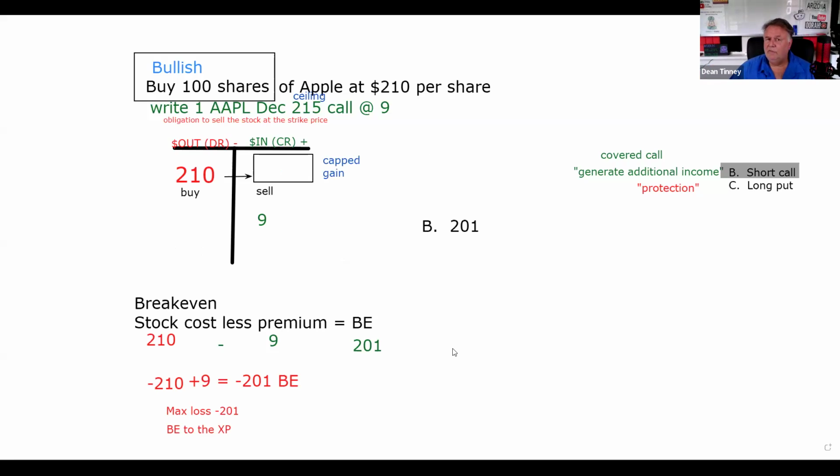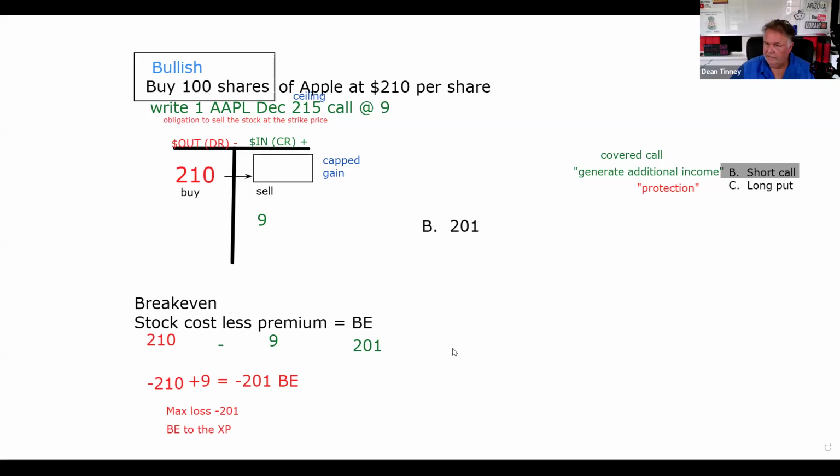Now, that's the other thing you have to recognize, because if I say on the test, your client buys 100 shares of Apple at 210 and writes one Apple December 215 call at 9, at expiration, Apple is... Now, you need to know as a test taker, if Apple's 215 or higher, the contract is going to get exercised.